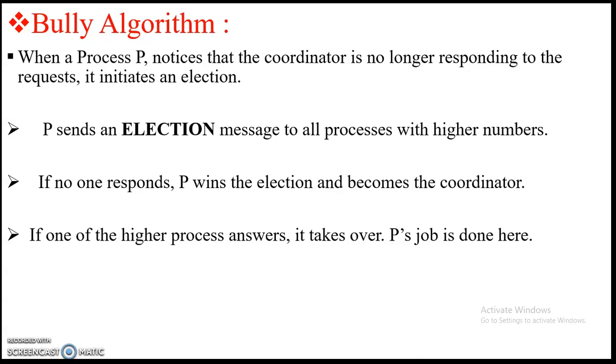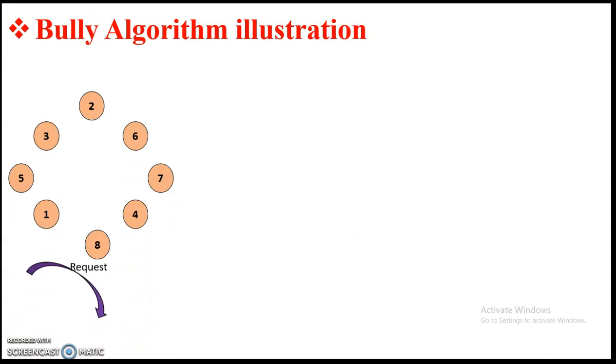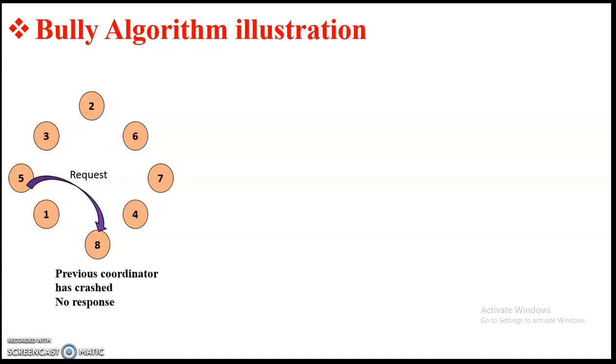a process P notices that the coordinator is no longer responding to the request. It initiates an election message. What we will do is first go to the illustration and come back to the algorithm. Here process 5 sends a request to 8, which was the coordinator, but it does not send a reply to 5 within a specified time limit, which means that 8 has crashed.